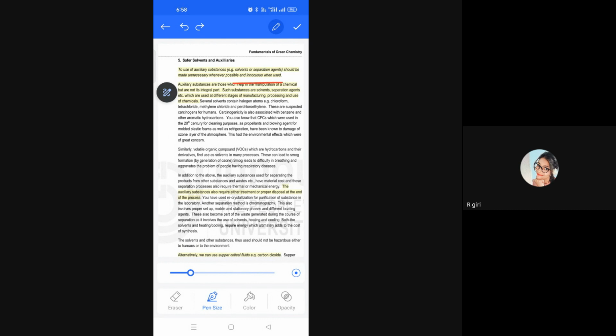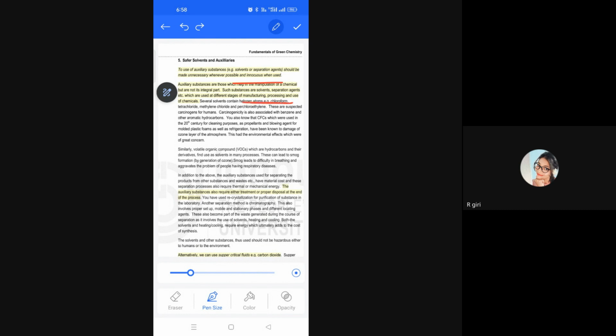The elaboration is that the use of auxiliary substances, solvents or separation agents should be made unnecessary whenever possible, and innocuous when used. That means where not necessary. Suppose one chemical is not necessary during our preparation of a substance, so you should not unnecessarily use these things in a particular reaction. We should avoid this.